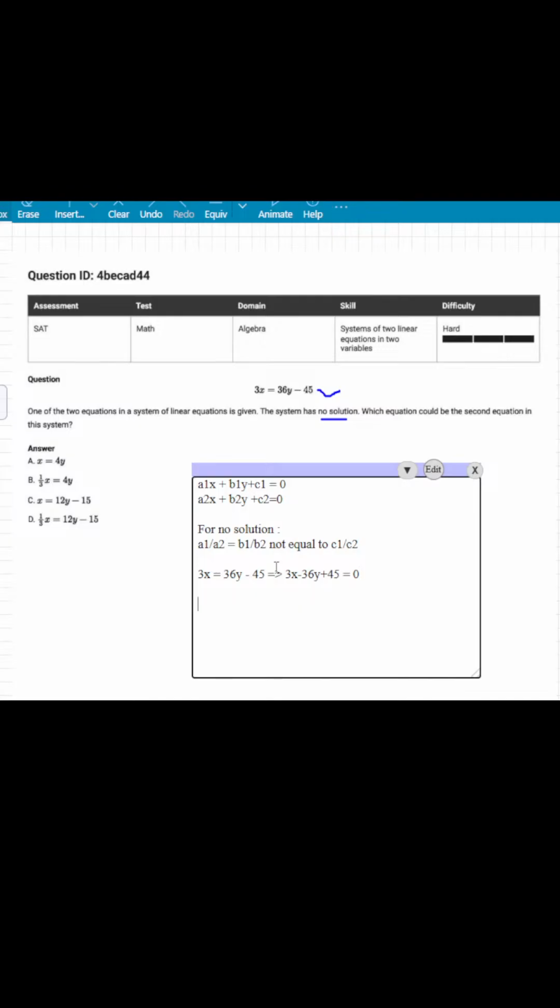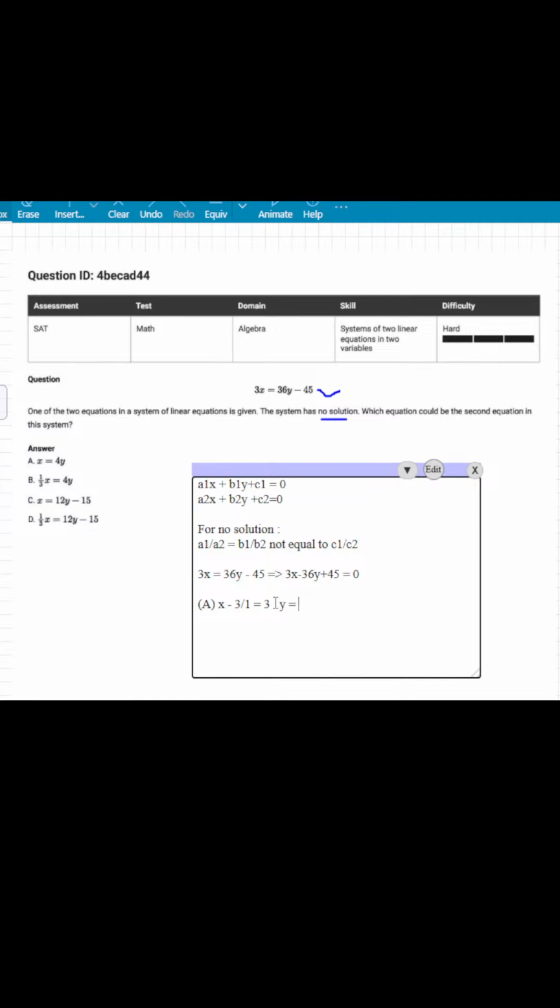Now for option A, we'll find out the ratio of the coefficients of x and y. Option A is x equal to 4y. For x we have 3 as a coefficient in the original and 1 in the option, so the ratio is 3 by 1.